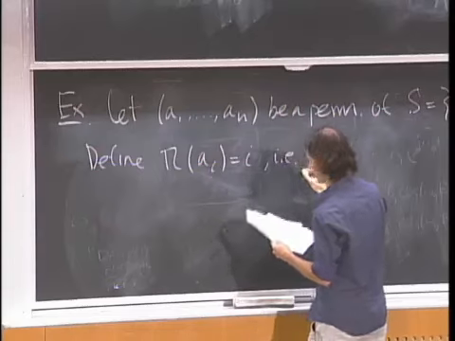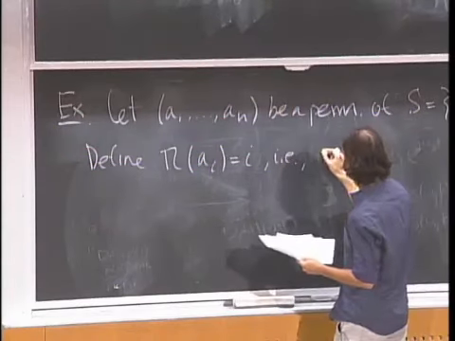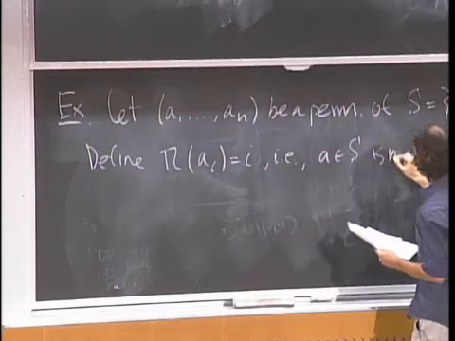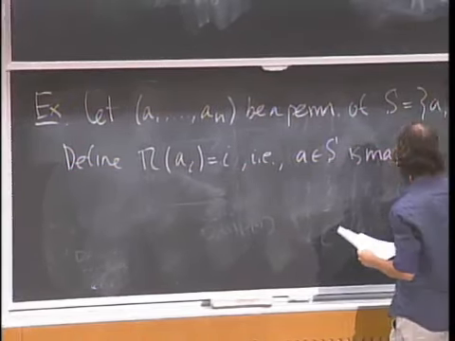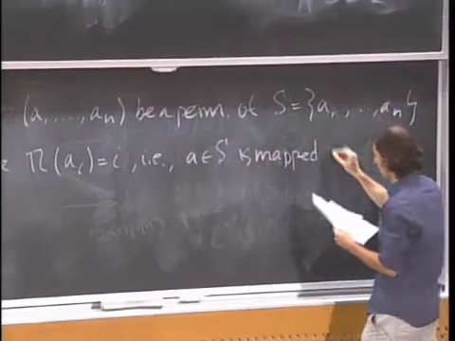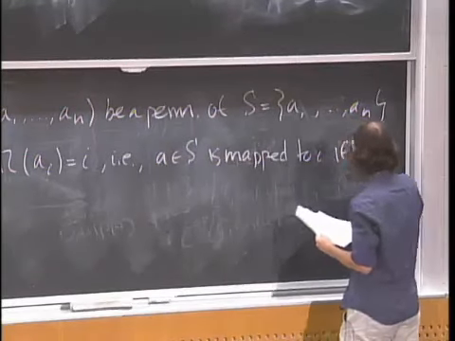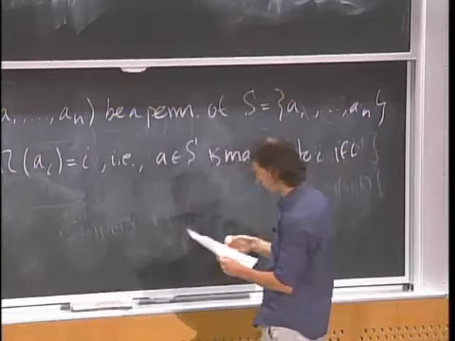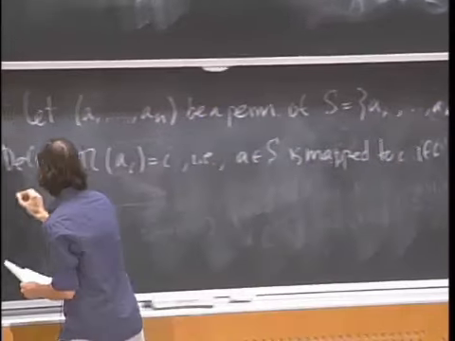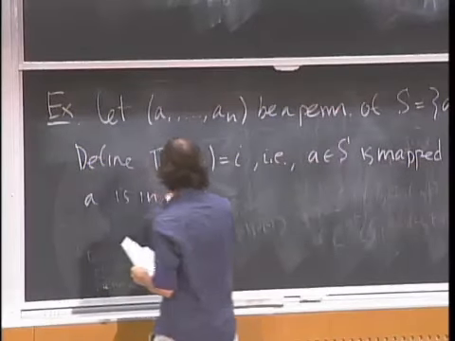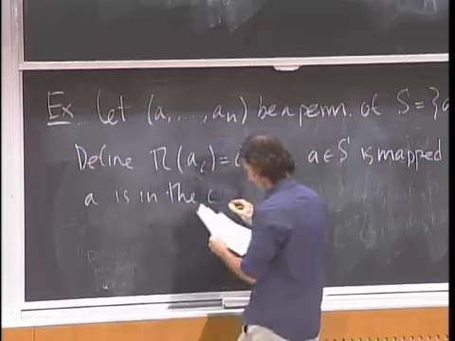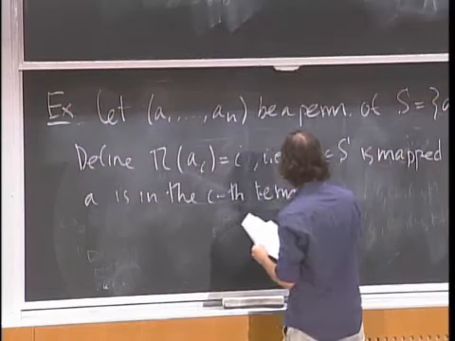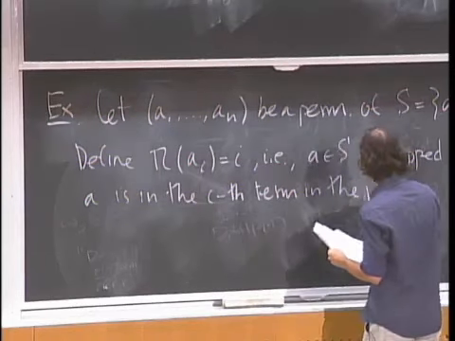Actually, what we mean here is that if we take an element in S, then this one is mapped under this function to i if and only if A is in the ith position, the ith term, in the permutation.